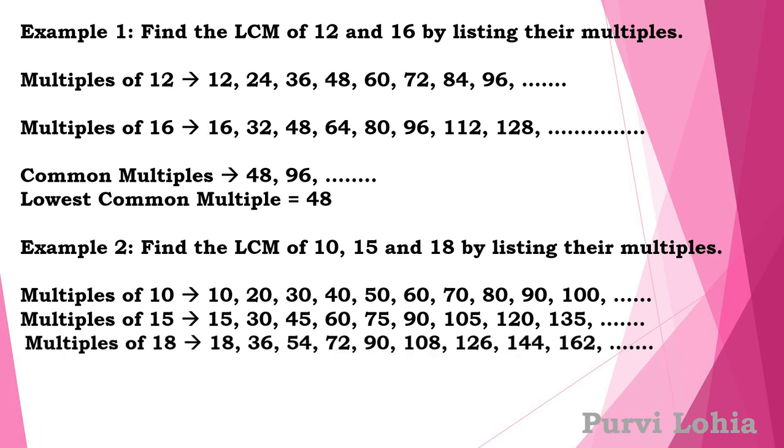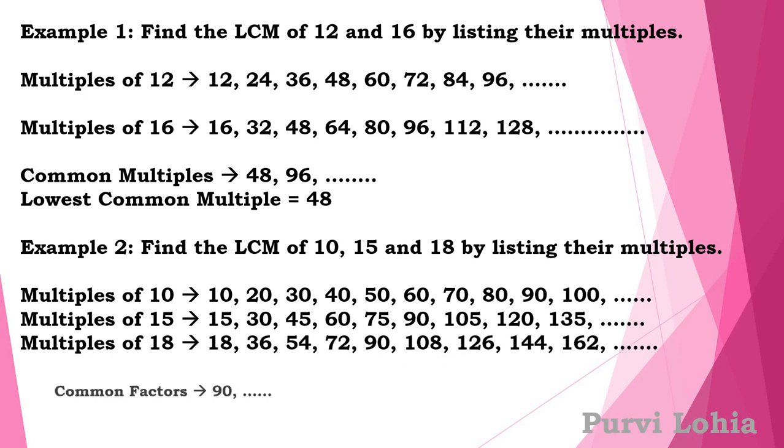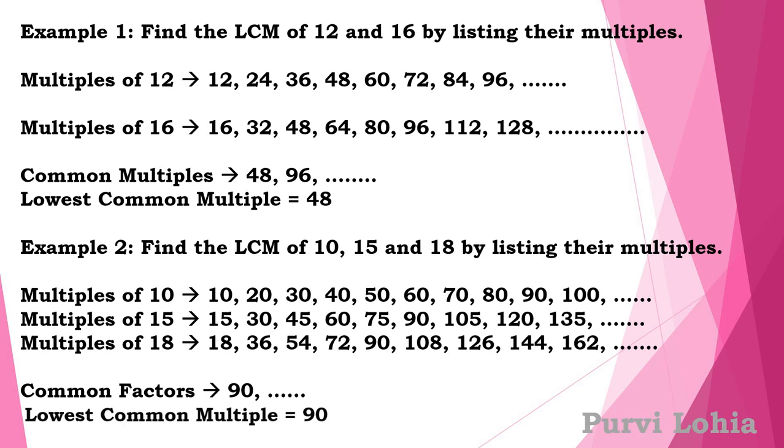And multiples of 18 are 18, 36, 54, 72, 90, 108, 126, 144, 162 and so on. So what are the common multiples here? We can find only one common multiple in these sets of multiples, that is 90, and it is the lowest one. We don't have any common multiple less than 90. So the lowest common multiple will be 90.